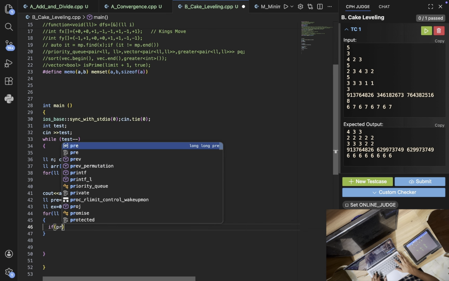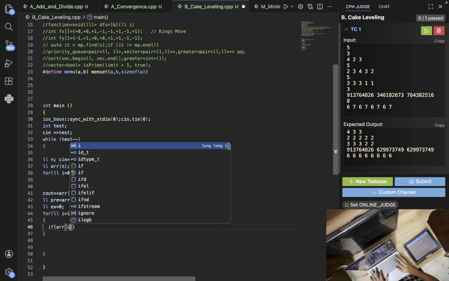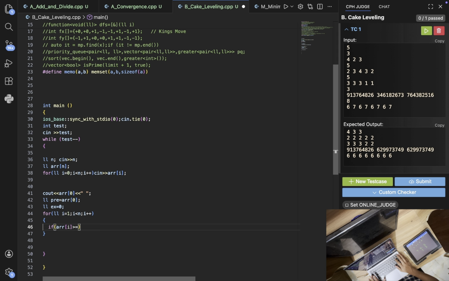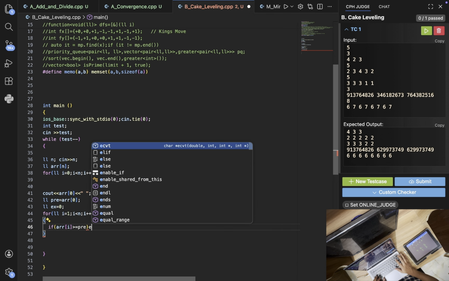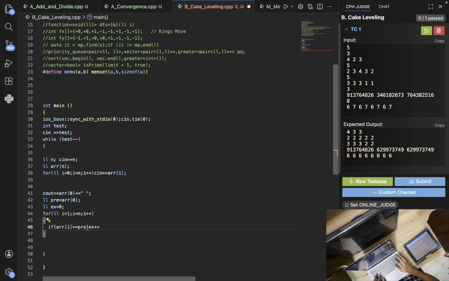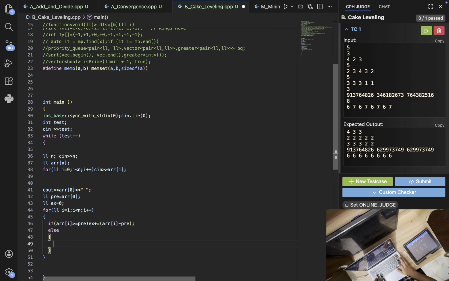If I get a equal to 3, plus equal to 3. Else, that's a lesser amount. That's a less amount, so I'll go somewhere between them.